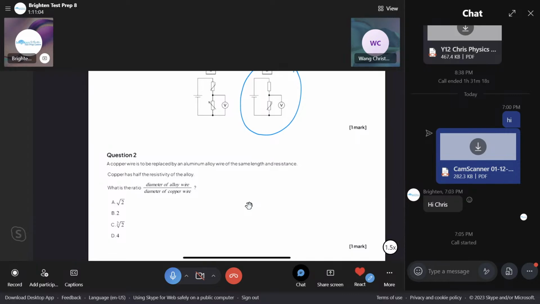We know that the resistance is the same, so we can equate them. Okay, that's a good point. So RC is RA. I do it the other way around, it doesn't really matter, just because alloy is on top. As you said, the resistance is the same. So how do we now come up with the resistance?